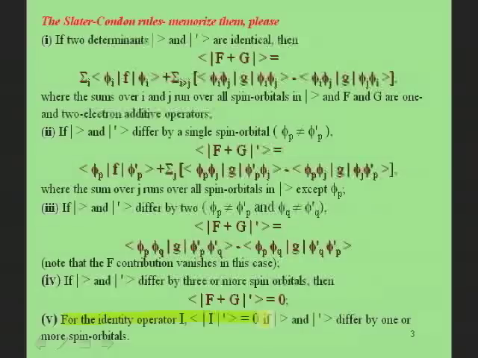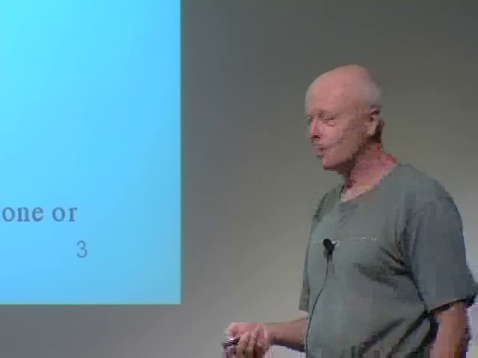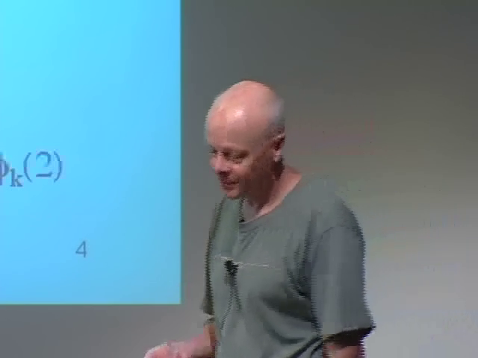So suppose in the middle here we don't have 1 electron kinetic energy or 2 electron, 1 over R1,2, but we just have the identity operator. So for some reason, we have a reason to say, what's this determinant and this determinant integrated against one another with just 1 in the middle? The answer to that is it's 0 unless the 2 determinants are exactly equal to one another. Okay, so those are the Slater-Condon rules, which more or less we all should have committed to memory eventually.